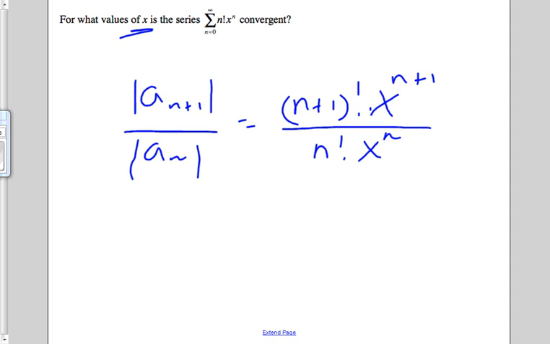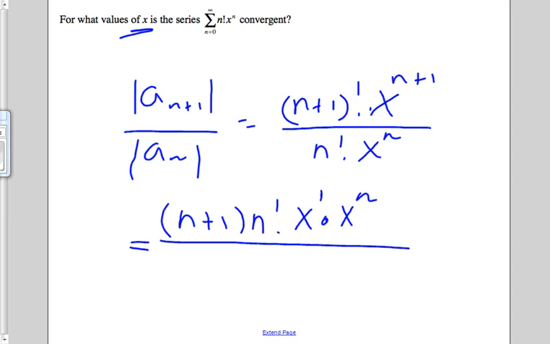Okay, now we need to use our understanding of factorials. We could rewrite the numerator as n plus 1 times n factorial, and then we could write that as x times x to the n. Just to make that clear, that's like x to the 1 times x to the n, which is x to the n plus 1.